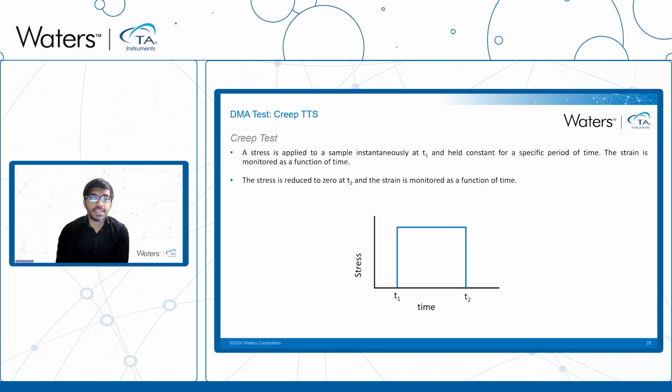Before we talk about the creep TTS, let us start with a general overview of the creep test. A creep test is performed to evaluate the deformation experienced by the material at a constant load or stress level over a specific period of time.